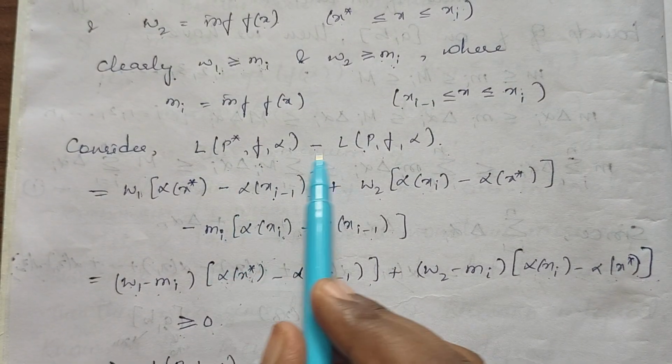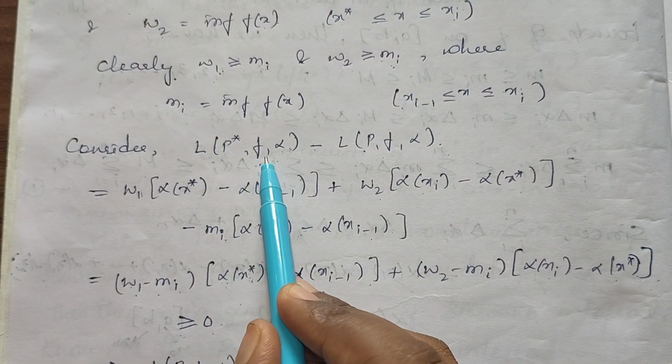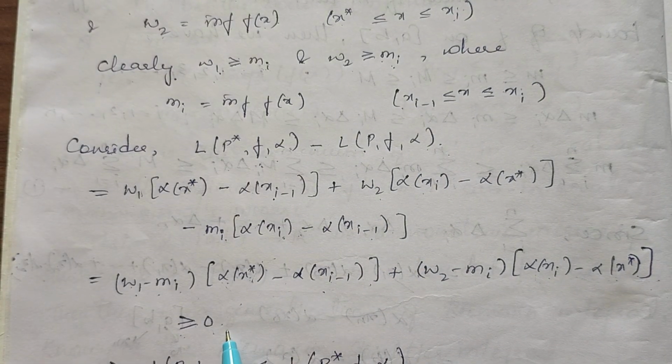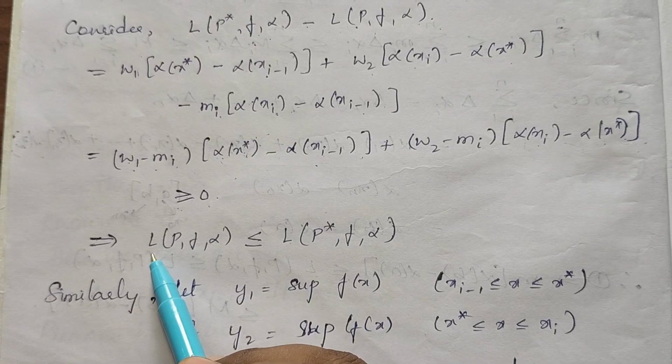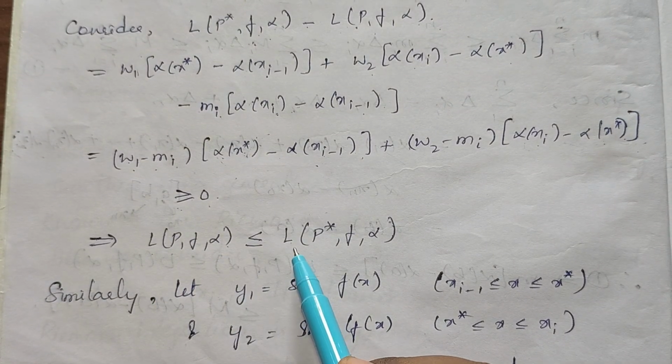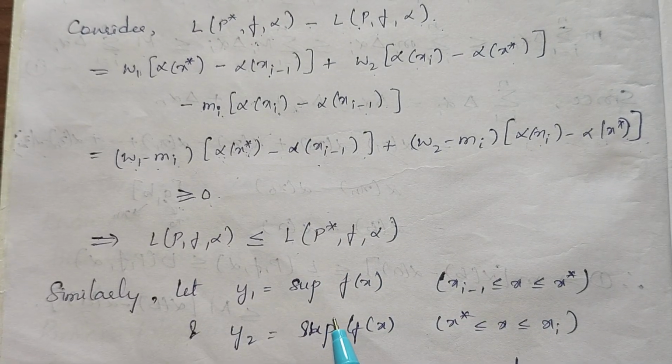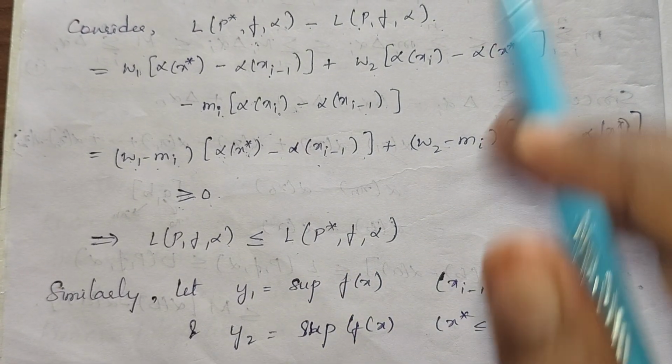It means L of p star comma f comma alpha minus L of p comma f comma alpha is greater than or equal to 0. Okay, so that implies L of p comma f comma alpha is less than or equal to L of p star comma f comma alpha. And similarly we'll do for this also.